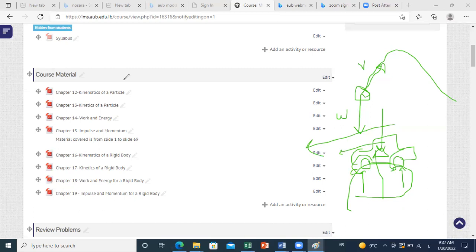So the first part of this course will deal with dynamics of a particle. We will neglect the dimensions and volume, and of course we'll just consider the mass. So we can treat a body as a point with a certain mass but with negligible volume. So this is the definition of a particle.